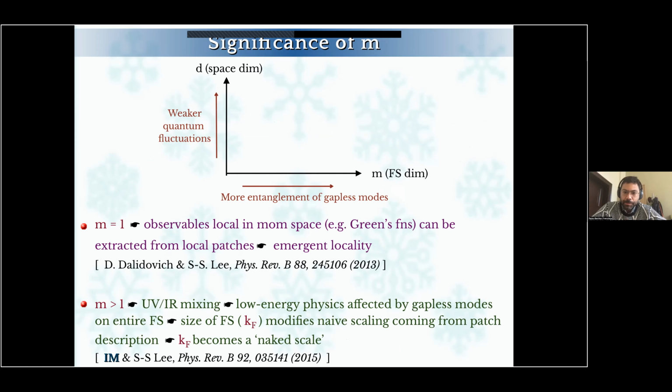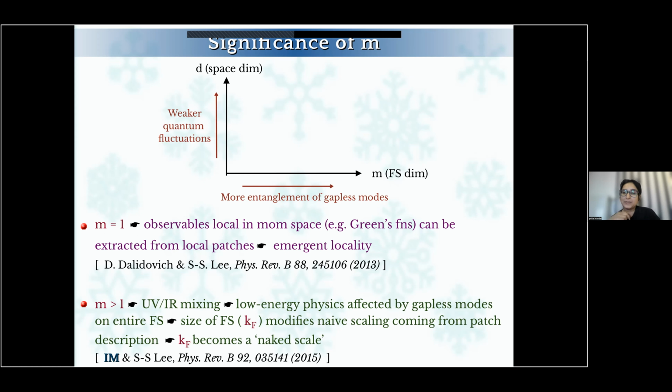You're assuming locality. So the entanglement I'm talking about is in the momentum space. Okay, but then that's the point. You're assuming that there is locality in real space. Yeah. But then you are mentioning that UV-IR mixing. So how can you understand that in quantum theory terms? That's exactly what I am trying to explain to you. In condensed matter theory, kf is the highest scale and kf is taken to infinity. So we don't expect kf to appear in various physical quantities.